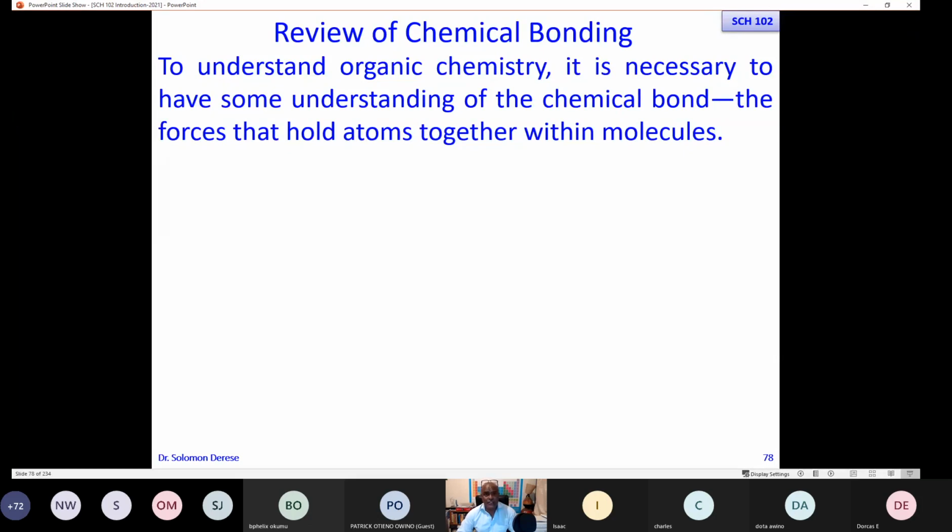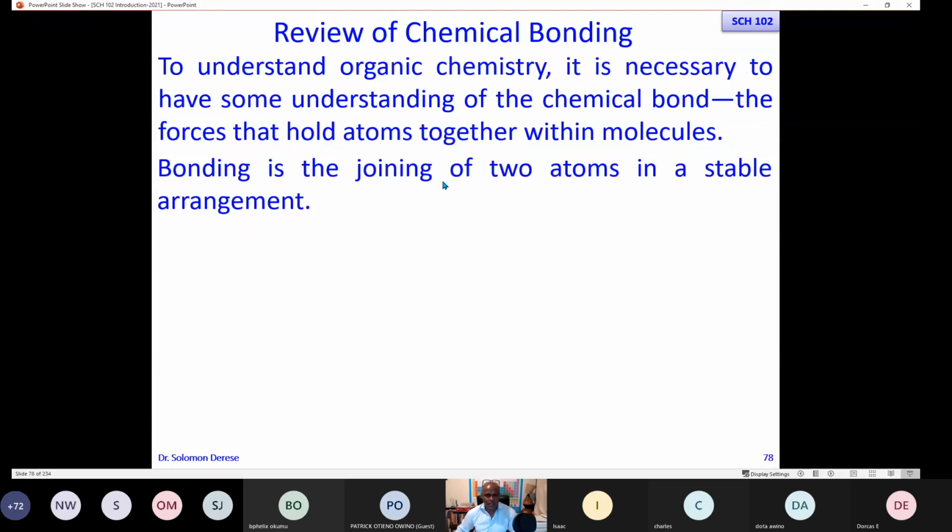It is as a result of this bond formation between the elements that the structure of the molecule, which determines the properties, is defined. So to understand organic chemistry, it is necessary to have some understanding of the chemical bond, the forces that hold atoms together within molecules.